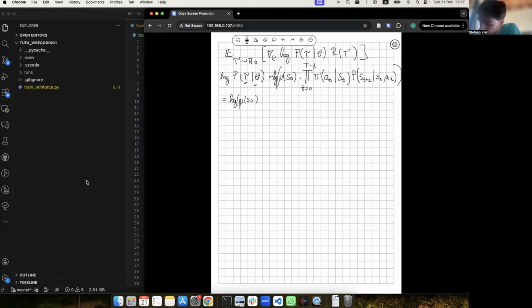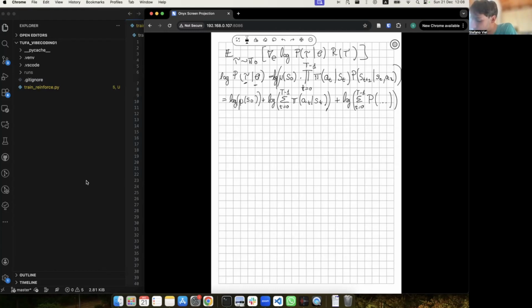So this becomes the logarithm of the probability of starting state S0, plus the sum from t equals 0 to capital T minus 1 of the logarithm of the probability of each of the actions for our policy, plus the sum of the logarithm of our probability of the transition in our environment.